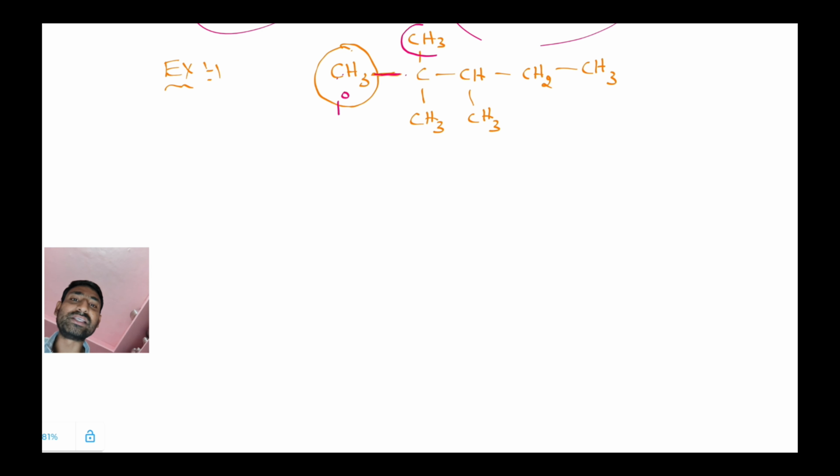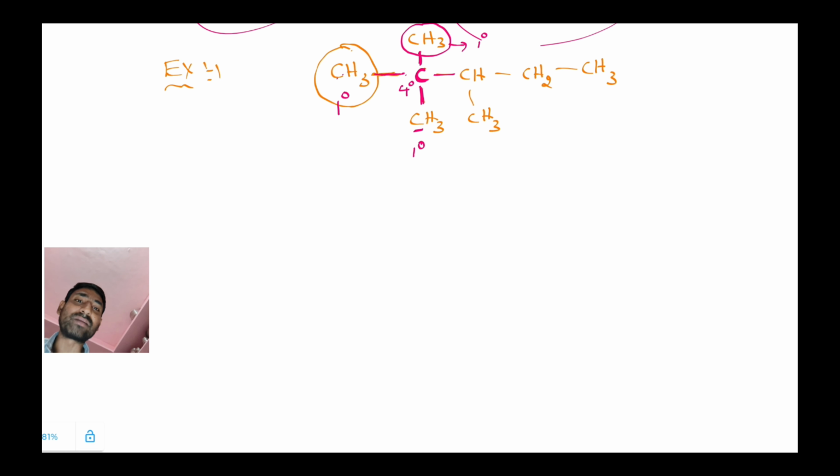Now this carbon is also linked with only one carbon atom, so this is also a primary carbon atom. This carbon is also linked with only one carbon, also a primary carbon atom. Now we have to look at the middle carbon. This carbon is linked with 1, 2, 3, 4 carbon atoms, which means this middle carbon is called quaternary carbon.